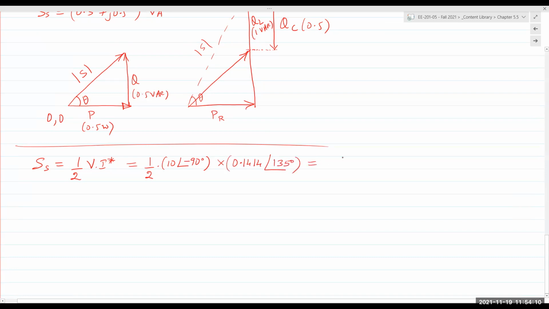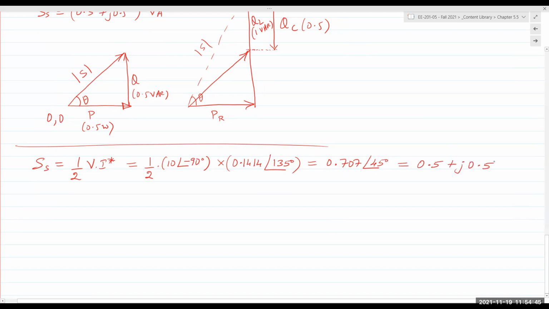You solve this and you obtain 0.707 with a phase angle of 45. Exact same answer, magnitude of 0.707 with phase angle of 45. You transform this into rectangular coordinates and you obtain 0.5 plus j 0.5.